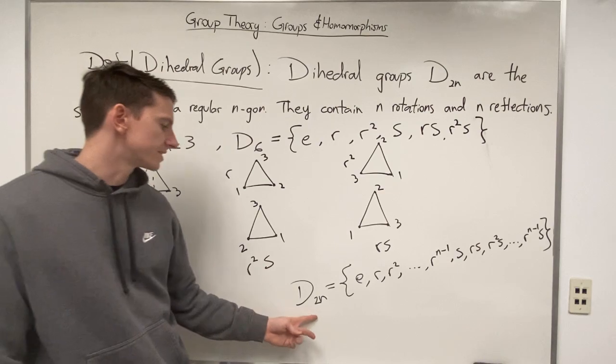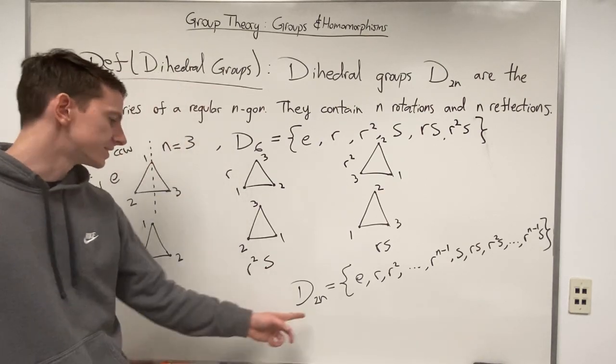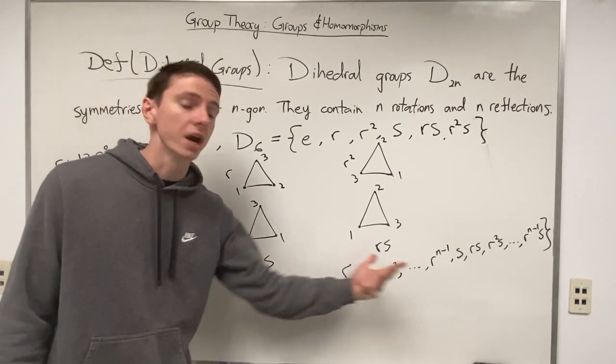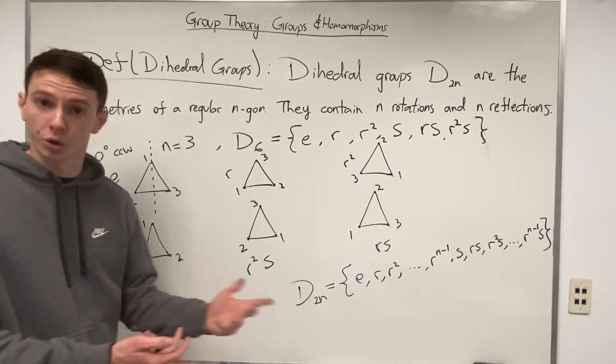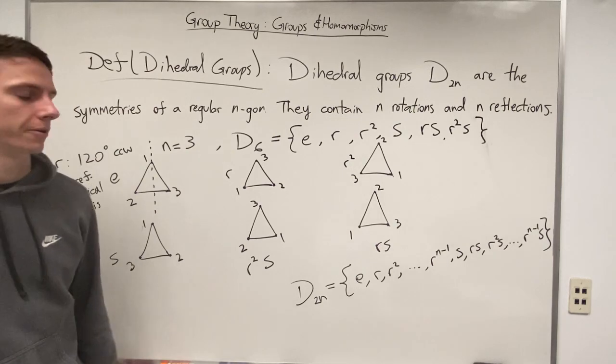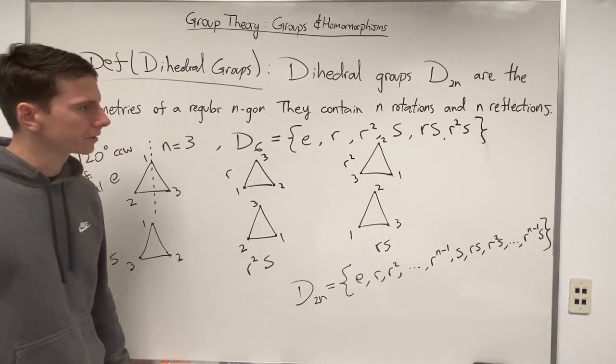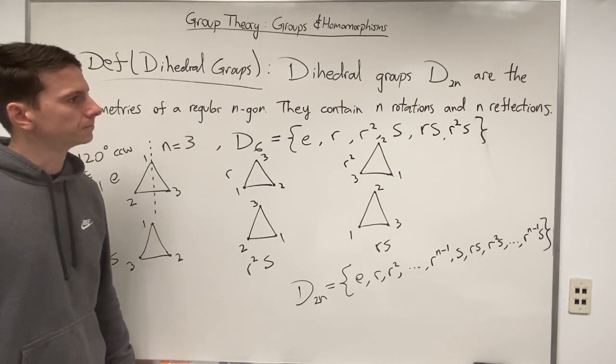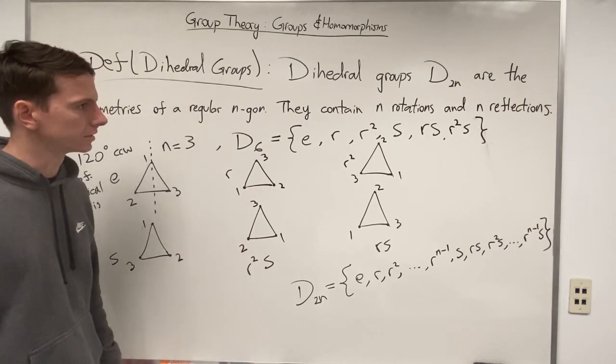And hopefully this makes sense why it's 2n, because this subscript denotes the number of elements in our group, or the order of our group. Like D6, there are 6 elements in the set right here. Okay? So hopefully this makes sense.